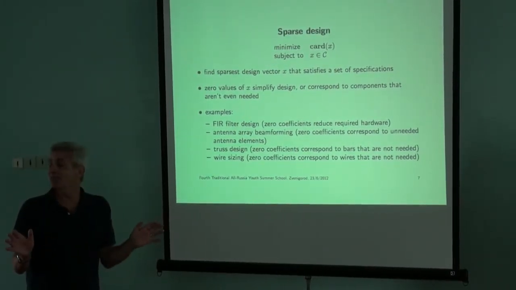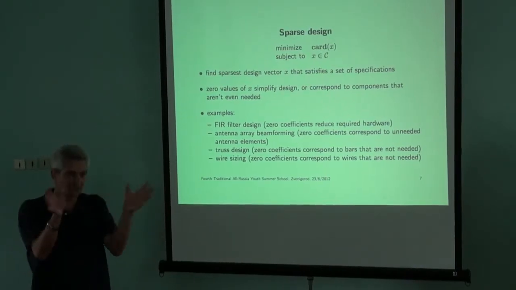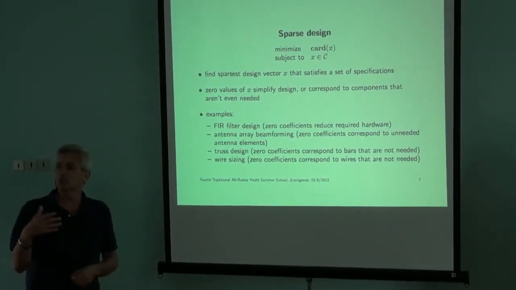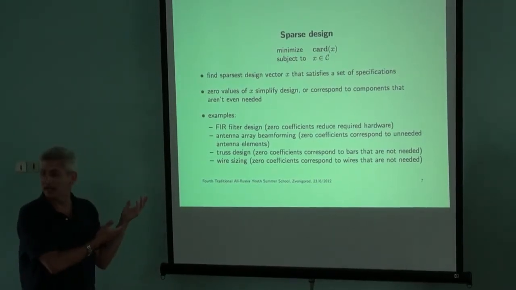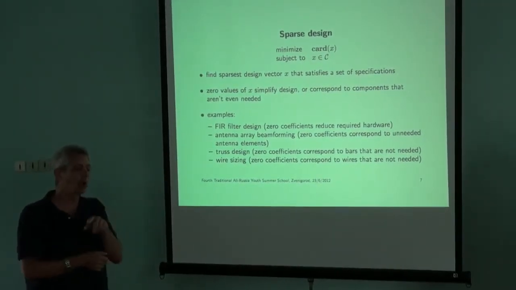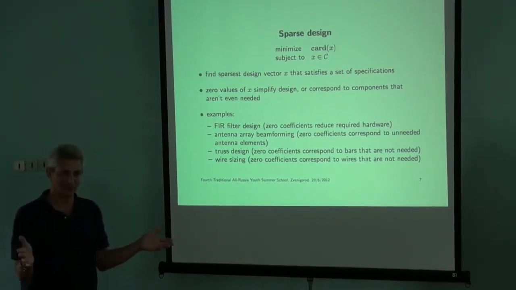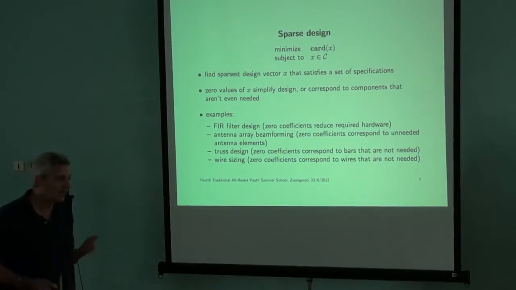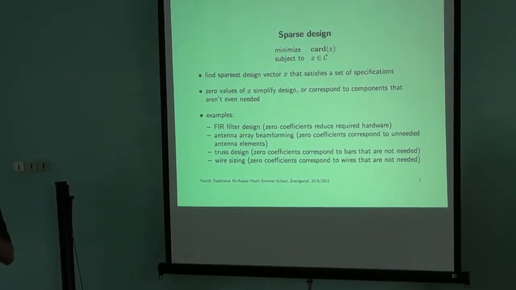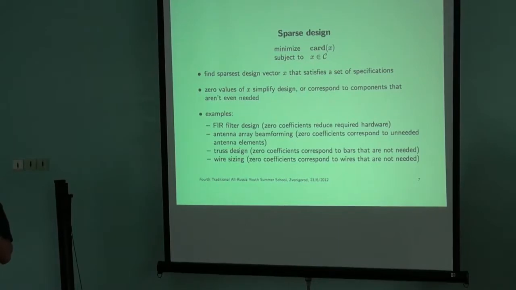You don't intend to have 1,000 elements in your array, but you make an array with 1,000 elements. You solve, to the extent that you can, a convex cardinality problem, and you're hoping that it picks 22 of the antenna elements' weights to be non-zero, and so basically that designed the geometry of your antenna array, right?